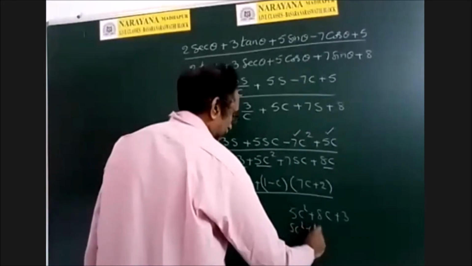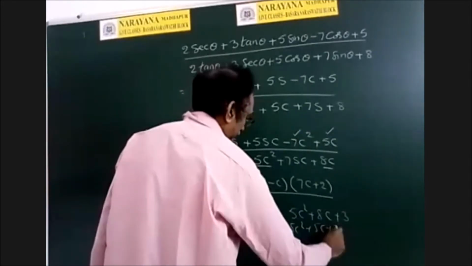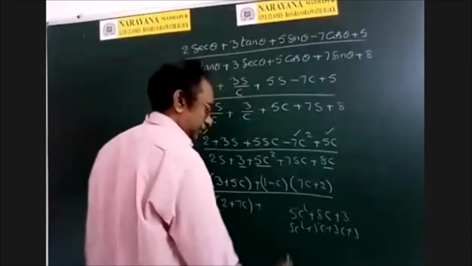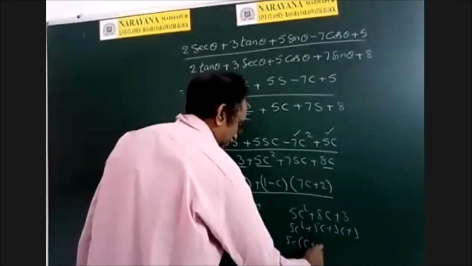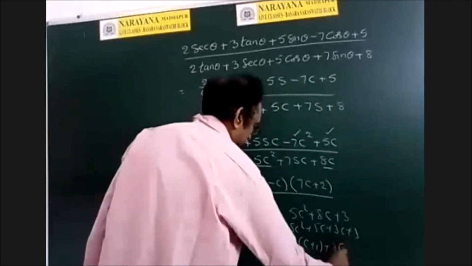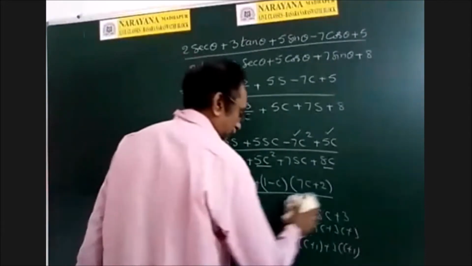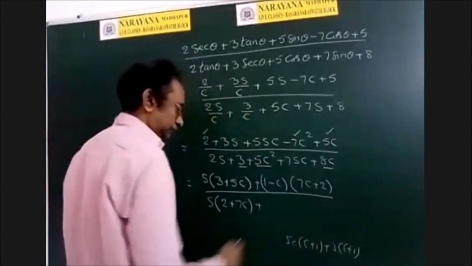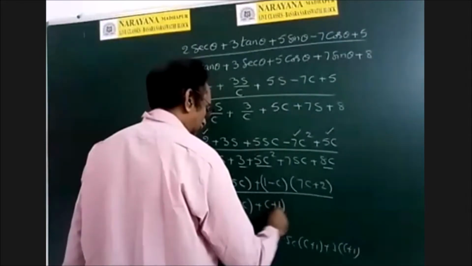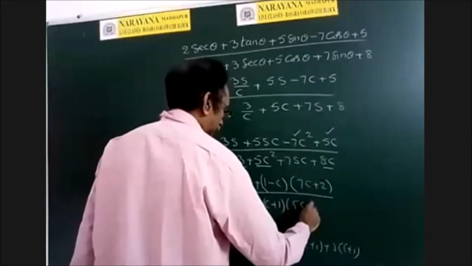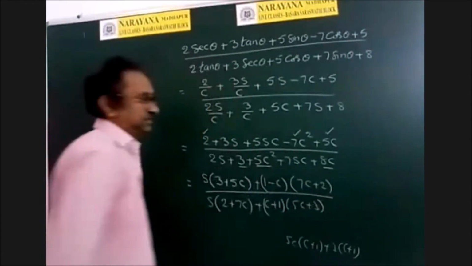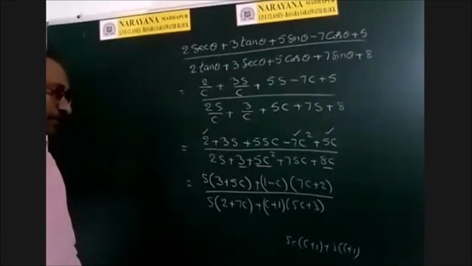So 5c square plus 5c plus 3c plus 3. If you take 5c common, c plus 1, plus 3 common, c plus 1. Therefore, c plus 1 into 5c plus 3. So that is the product.